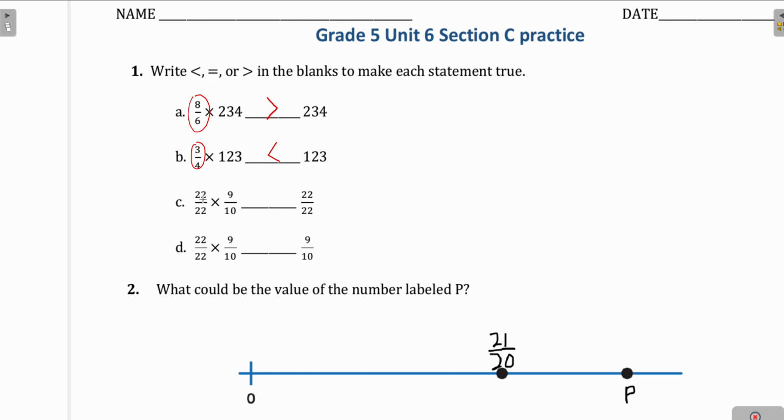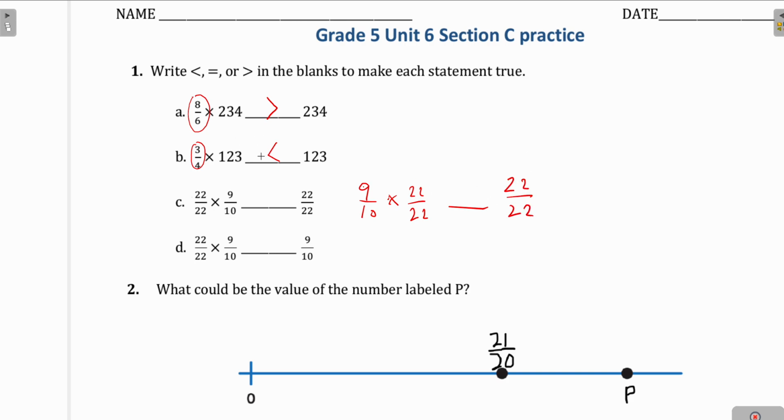But it's asking me about 22 out of 22. So you can turn this around to make it easier on yourself. You can say that this is 9/10 of 22 out of 22. So 9/10 times 22 out of 22 is going to be what compared to 22 out of 22?